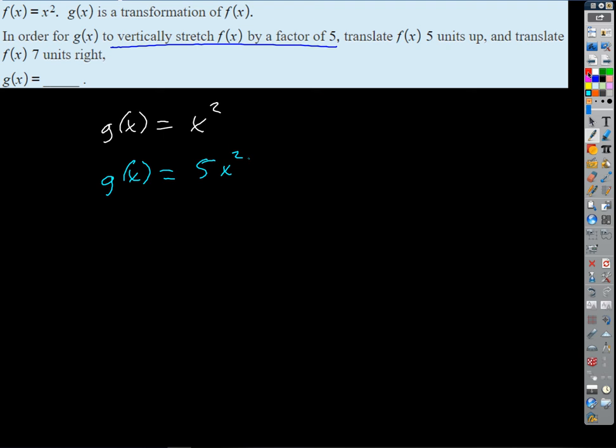Okay, now we're going to translate 5 units up. What's that? So now we get our plus 5. And then finally, we're going to translate 7 units right. What's that do?